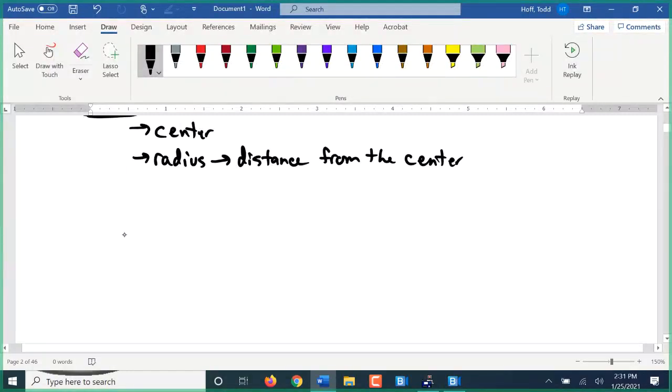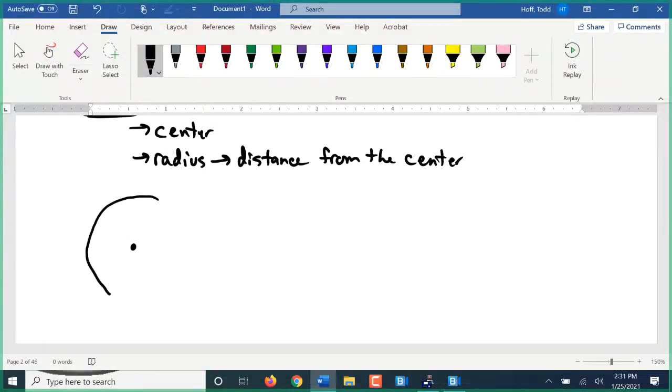If I pick a point right here, that's my center. Then I pick a distance, so it's all points that are the same distance away from that center point. There's my circle. Radius is that distance.